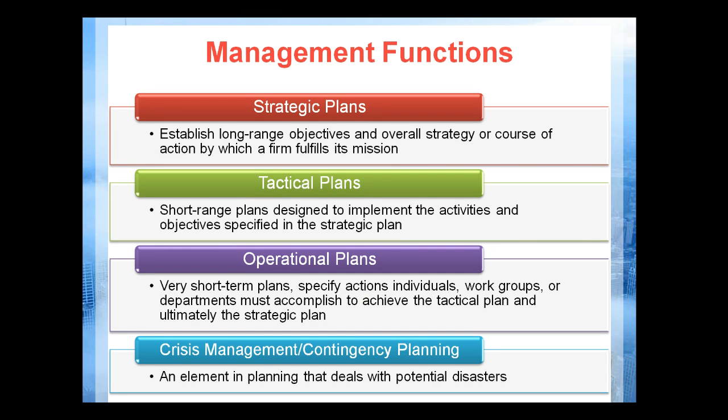Management functions include the strategic plans, tactical and operational. Obviously, crisis management and contingency planning are a big part of that, and they've become more and more important as we see different issues and concerns that have not been so prevalent in the past. I would say strategic plans are more long-range goals, and these strategic plans generally are going to be from the top down, meaning managers are not going to be establishing them individually.